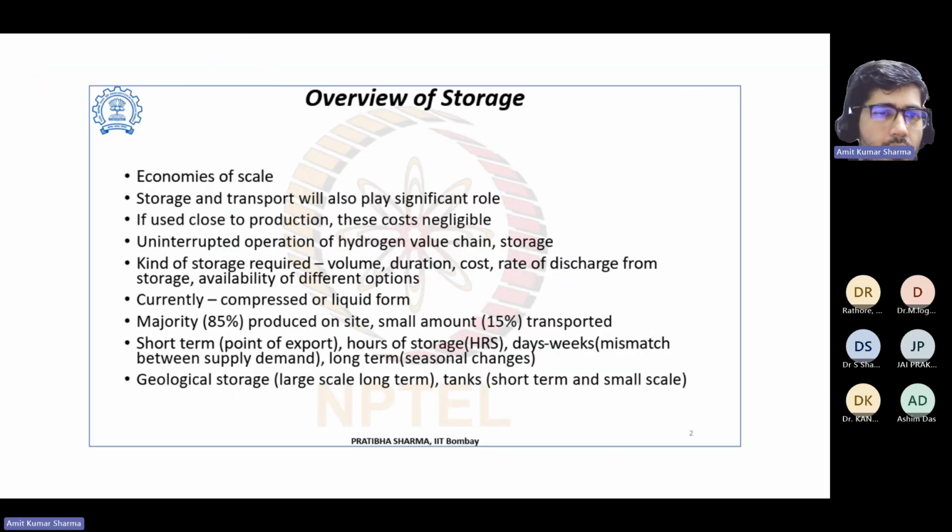So in the overview of storage, the important things are economies of scale, storage and transportation. How you are storing and what is the method of transportation of hydrogen from the production point to the consumption point.